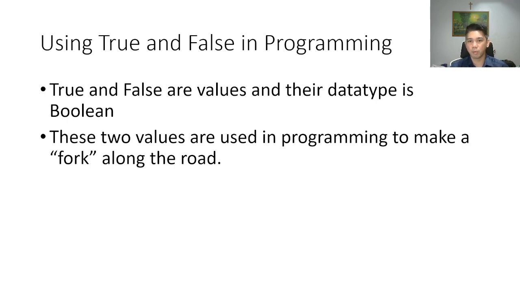And if you can remember, we already used that during the lesson about confirm boxes. So remember, in the confirm box, there's an okay, there's a cancel. So something will happen if you click okay, something will happen if you click cancel. So there's a fork.